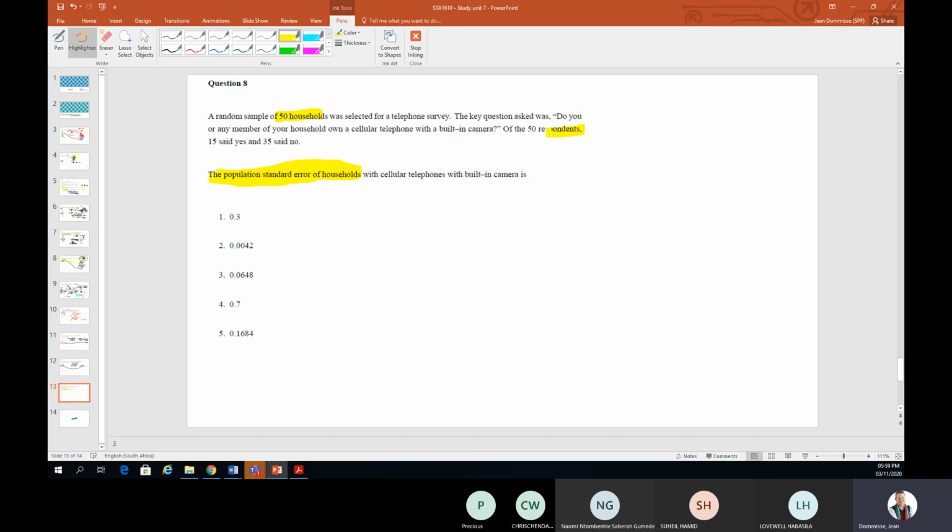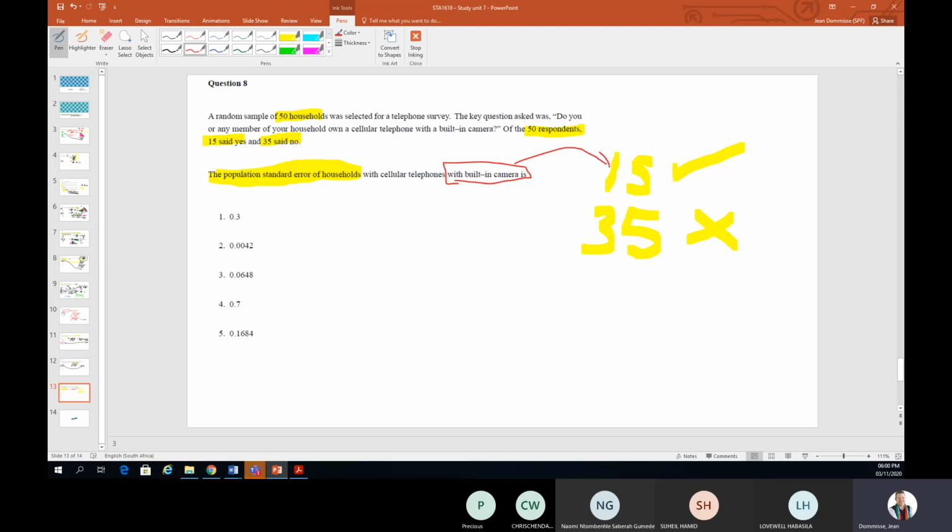Of the 50 respondents, 15 said yes and 35 said no. So 15 said yes that they have a built-in camera, 35 said no that they don't. So that is why they want to check if you do it correctly. What is the population standard error of households with a cellular telephone with a built-in camera?